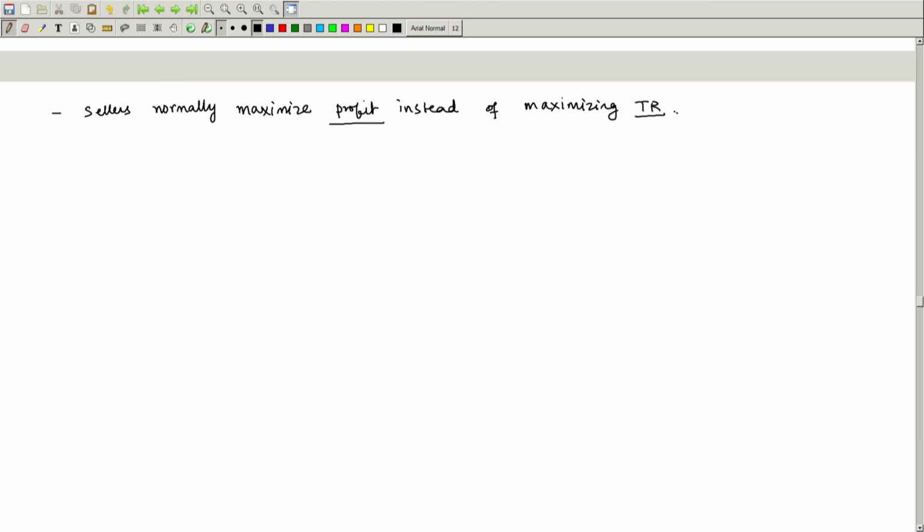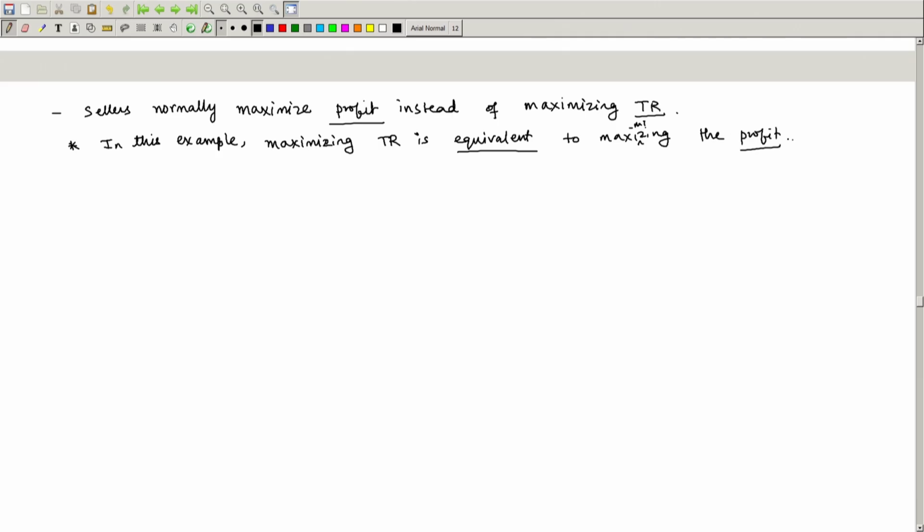However, in this example, specific to our movie theater example, maximizing total revenue is equivalent to maximizing the profit. Let's understand why.